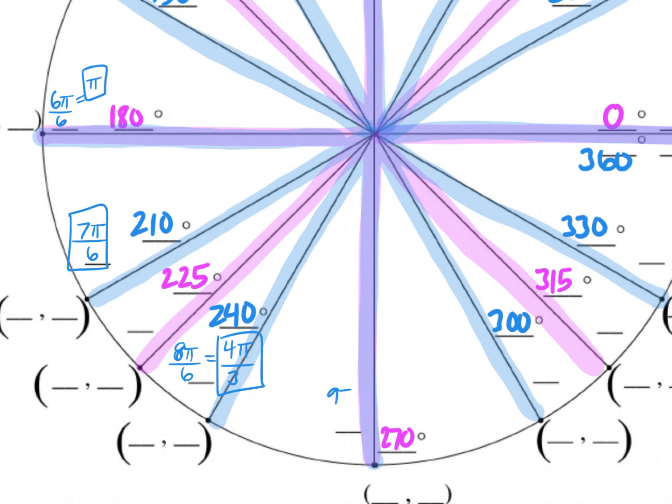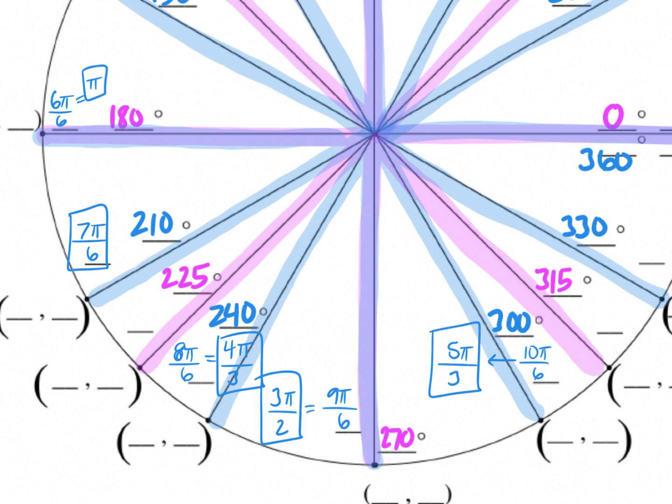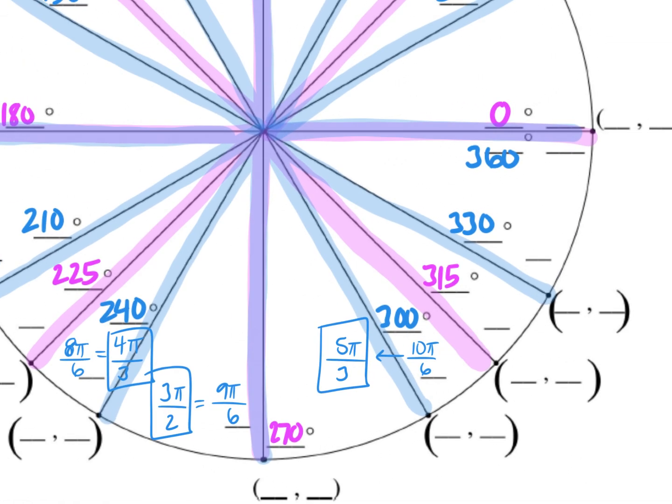I get 9 pi over 6, which is the same thing as 3 pi over 2. Next one will give me 10 pi over 6, which simplifies to give me 5 pi over 3. Followed by 11 pi over 6.